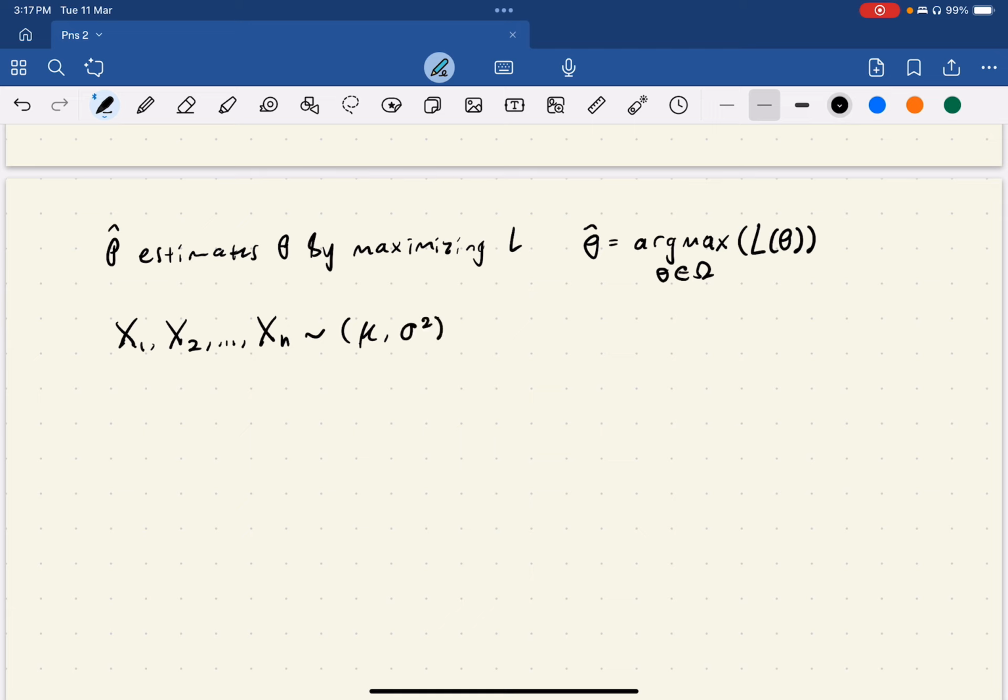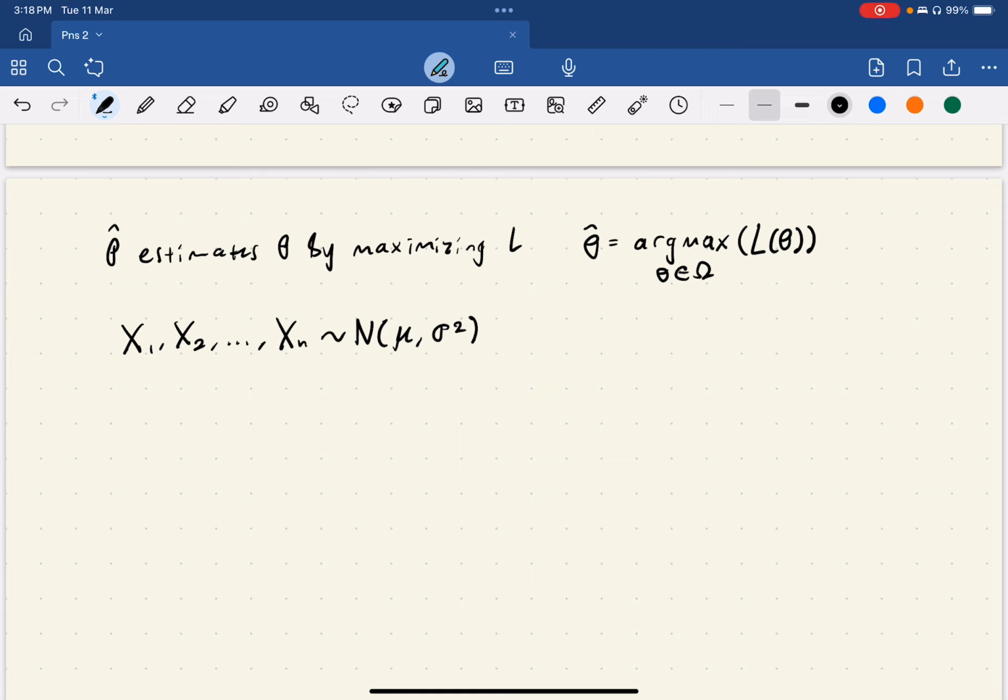Let's just use the past example where the sample follows the normal distribution with mean mu and variance sigma squared.